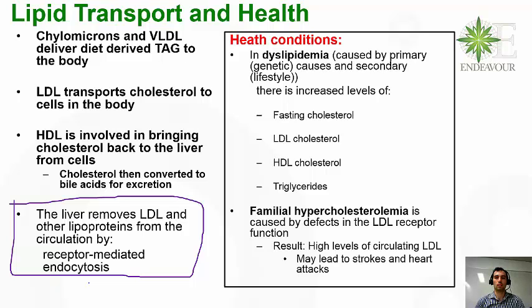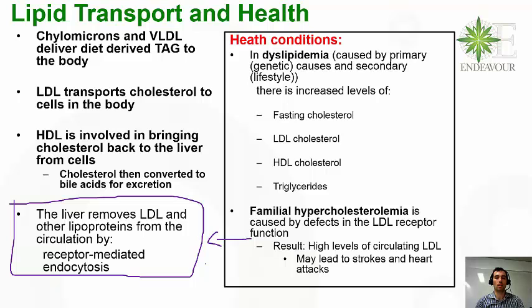We can have certain metabolic diseases or conditions where we have a genetic predisposition to an abnormal amount of different types of cholesterol. So there might be too much LDL cholesterol in the body, too much HDL, etc. We have a condition called familial hypercholesterolemia, where there's a defect in the LDL receptor that brings the LDL into the liver.